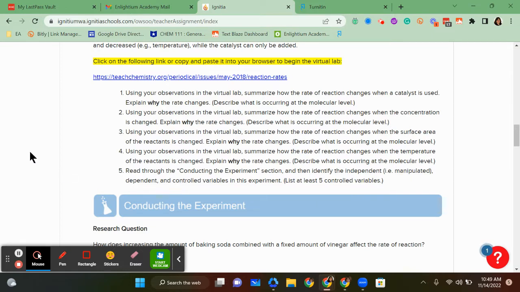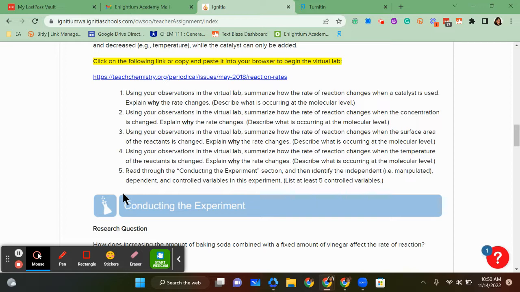So that's what they want you to take a look at, those variables in terms of reaction rates, or how fast a reaction is completed or how slow the reaction is completed. So you're going to use that simulation.